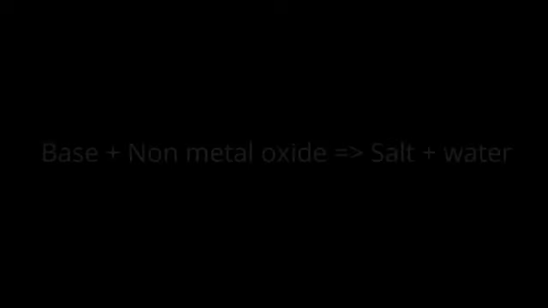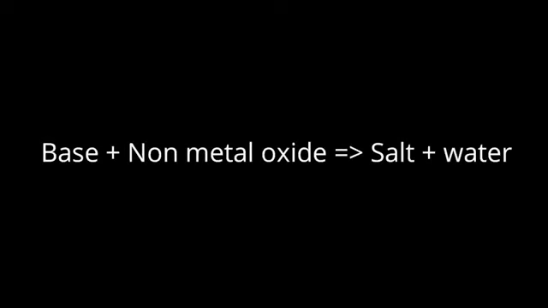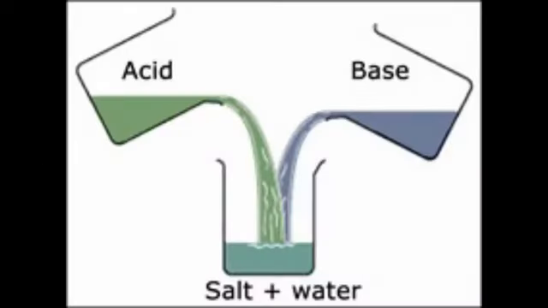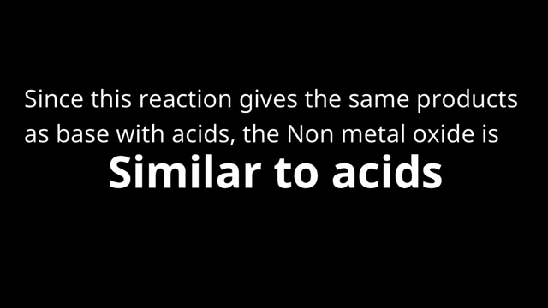When you combine a base with a non-metal oxide, it gives you salt and water as its products. Now this is the third time in a row that we have got salt and water as our products. Since the non-metallic oxide reacted with a base to give us salt and water, which is again similar to the reaction of a base with an acid, this non-metallic oxide is now similar to acids.